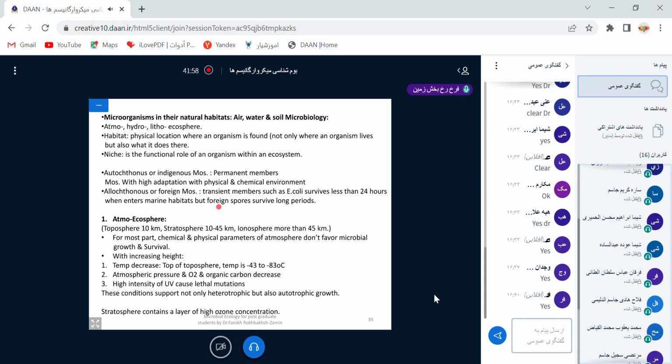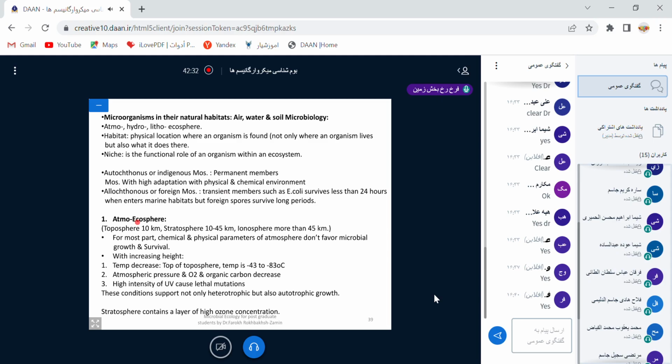So by sewage of humans, if E. coli or coliform is transferred to the ocean or sea, after a few hours, they will die because the homeostasis of seawater, salt water, is not good for coliforms such as E. coli.